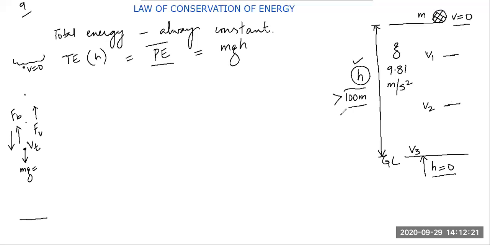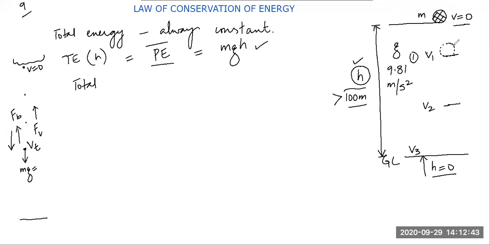So students, what is the total energy of the body at one level? At this level we have no kinetic energy. Total energy is only potential energy, mgh. So at point 1, what will be the total energy of the sphere when it comes here?